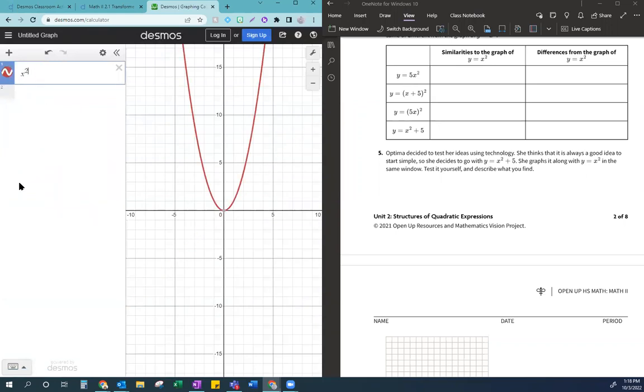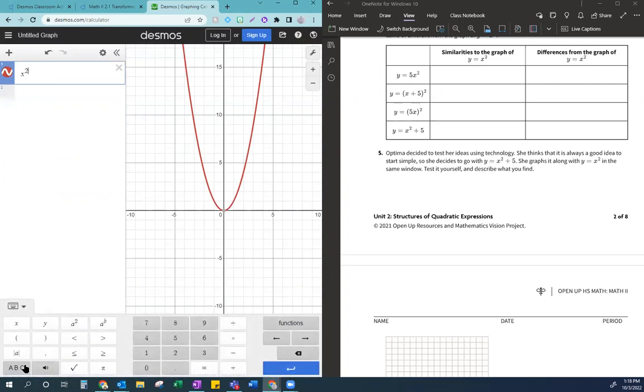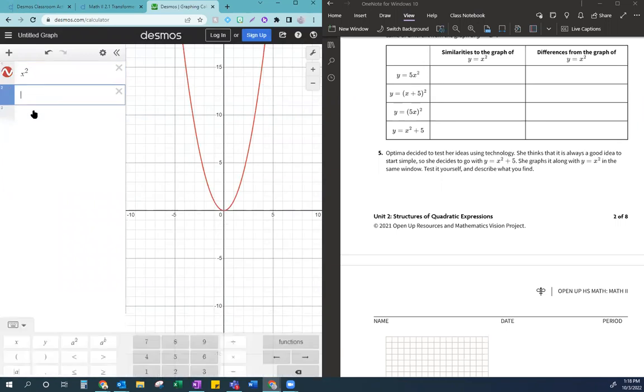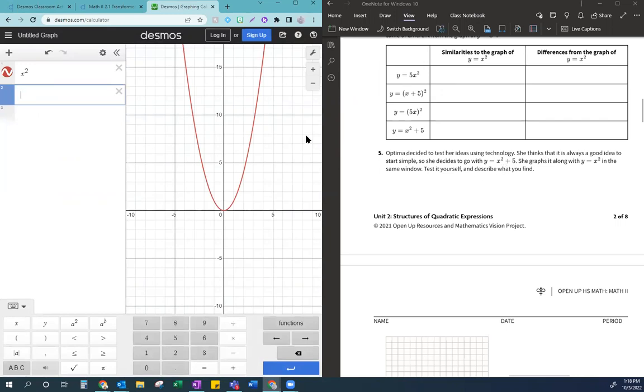If you don't know where the exponent is, it's shift 6 on your keyboard, or it's this button right here that's actually squared, right? So that's x squared. And then they wanted me to graph x squared plus 5. So x squared plus 5. Boom.